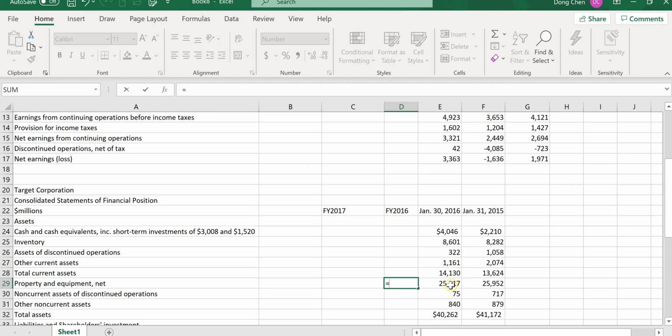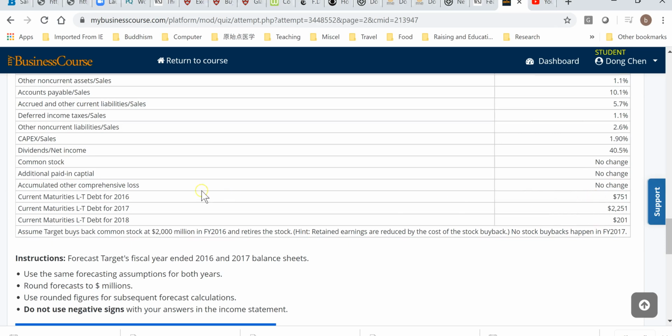It's going to be current net PPE plus forecasted capital expenditure. Forecasted capital expenditure will be 1.90% of forecasted sales, right? Because capital expenditure divided by sales will be the same constant. So if I use forecasted capital expenditure, I can also use forecasted sales as the denominator.